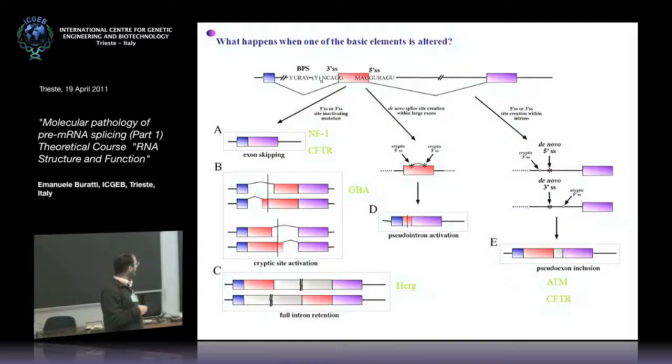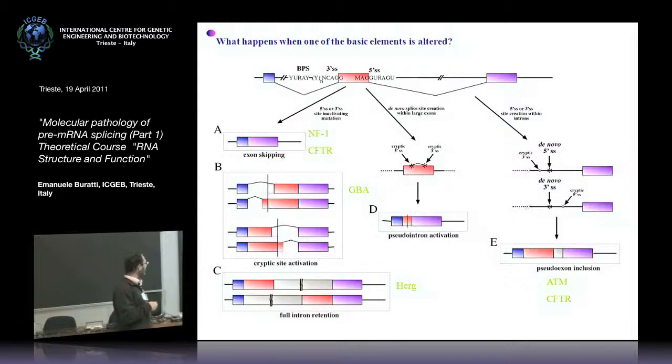Sometimes the splicing machinery is still able to recognize the 3' splice site, which is kept in its natural status, and instead of using the original 5' splice site, which is now mutated and doesn't exist anymore, it will simply pick up alternative 5' splice site sequences that are normally ignored but which in this case are activated.